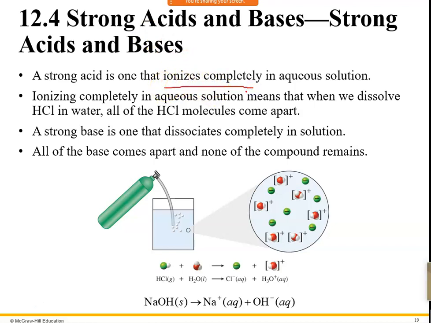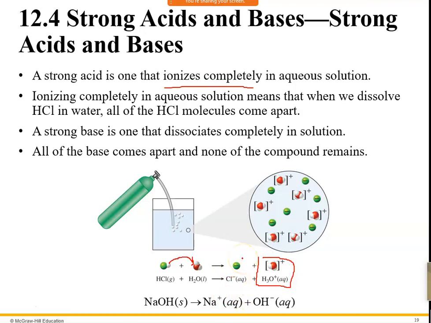Hydrochloric acid is an example. HCl is actually a gas, but when you put it in water, the H from the hydrogen transfers over into the water, and you form H3O+ and a Cl- ion.